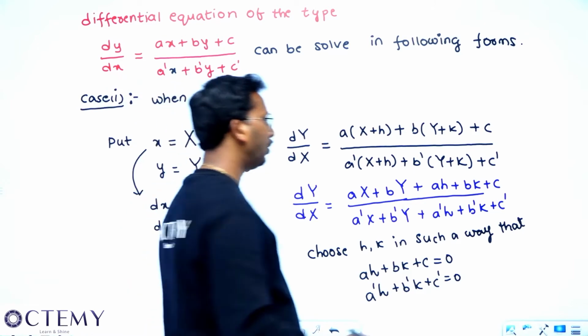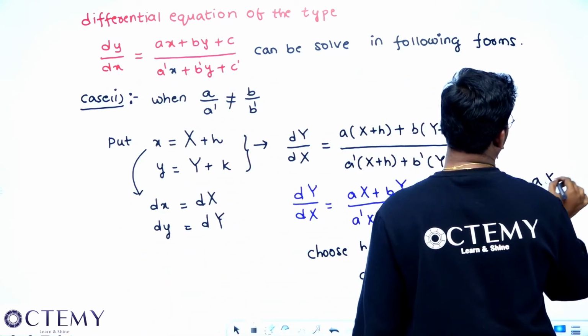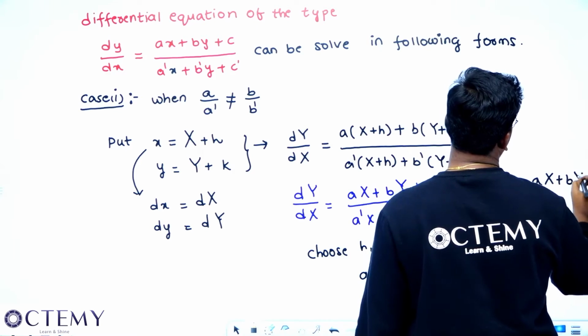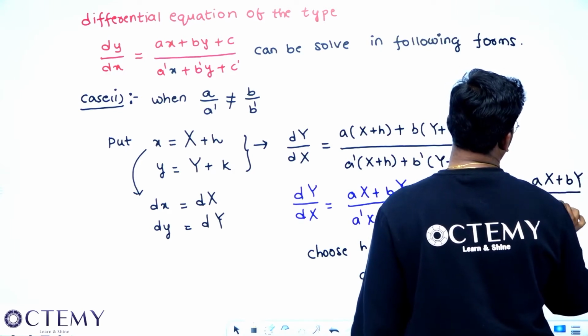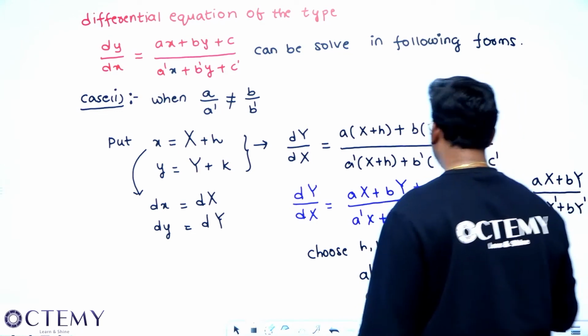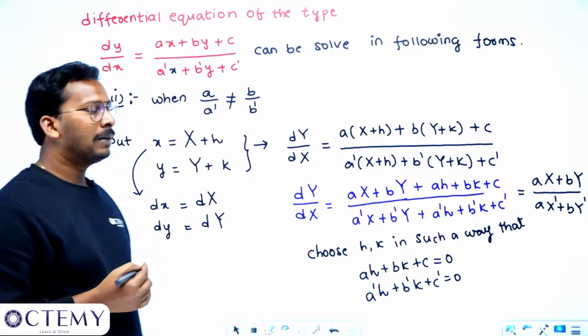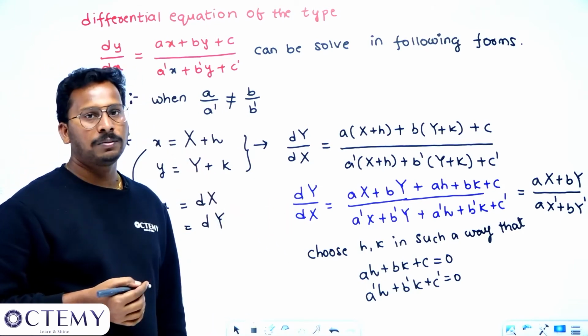If this becomes 0, then this differential equation will become a capital X plus b capital Y divided by a dash capital X plus b dash capital Y, right? Now that will become homogeneous. Once it becomes homogeneous, you solve it using the previous method.